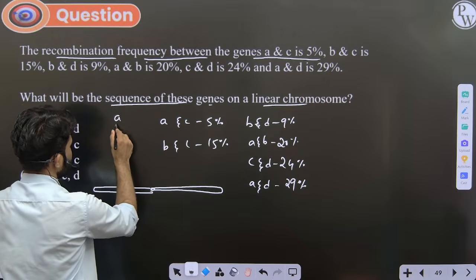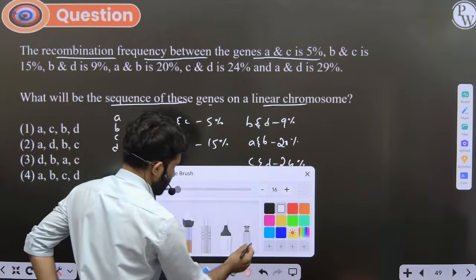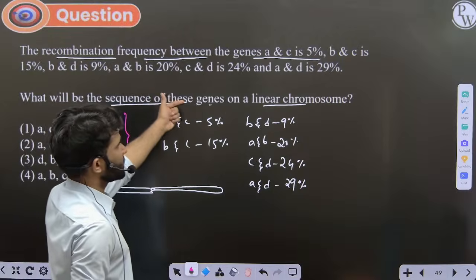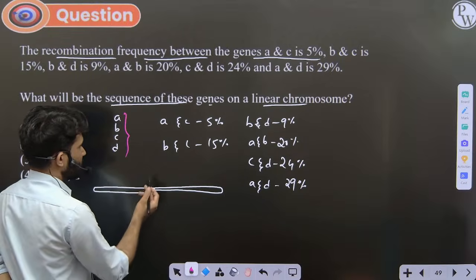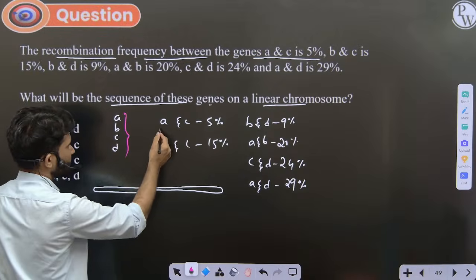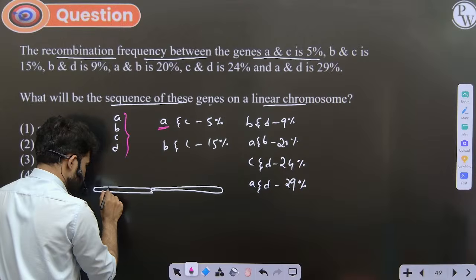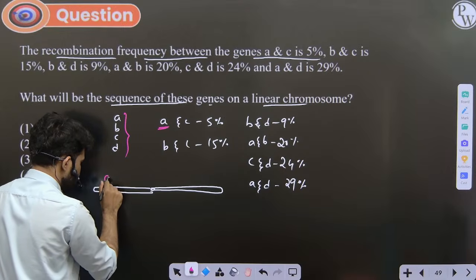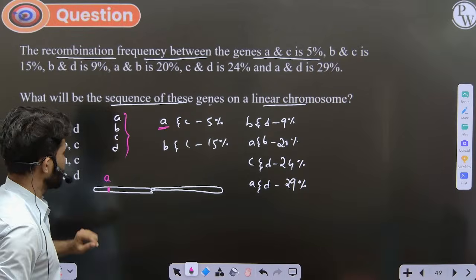A is there, B is there, C is there, and D is there. What they are asking is the sequence of these genes on a linear chromosome. First, take any one of the genes. Suppose the gene A is located in this particular position.